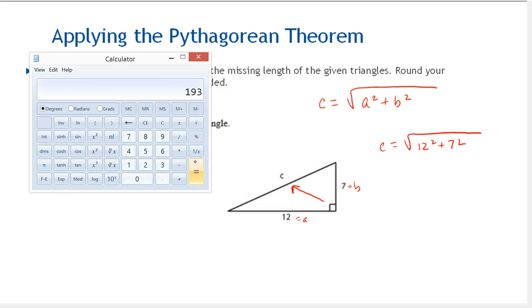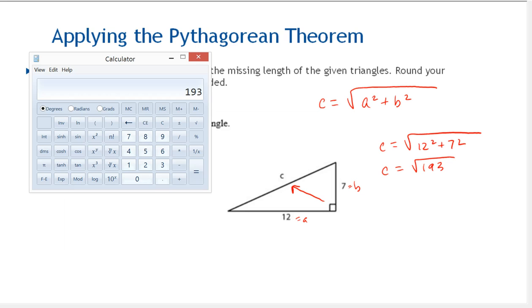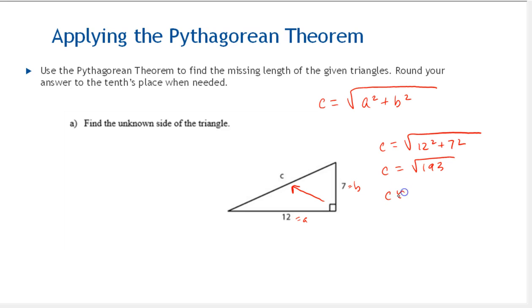And then this is my result. Never ever round until the very end. So if this was a decimal that went on forever, don't round it. You're going to take the square root directly in the calculator of whatever your result from this is. And now I'm going to hit the square root button. So this is 13.89, rounded to 2 decimal places.